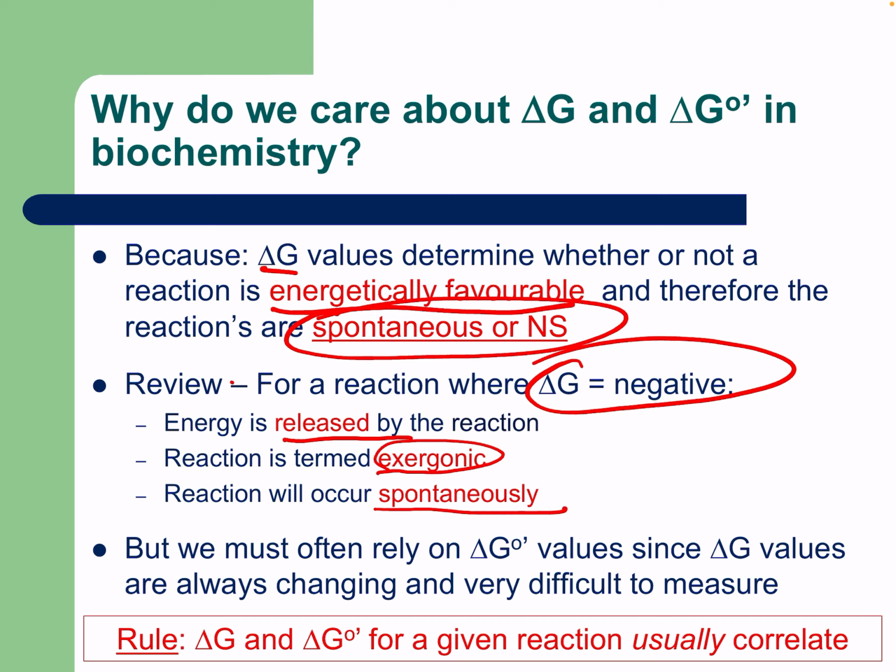But we must often rely on Gibbs standard free energy values, since this value is always changing and very difficult to measure 100% accurately. So again, the rule here is Gibbs free energy and Gibbs standard free energy for a given reaction usually correlate. It's not like they're not accurate, it's just they're not the exact number. So you can't definitively say what the Gibbs free energy is.